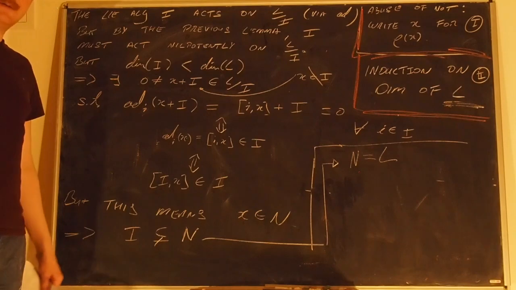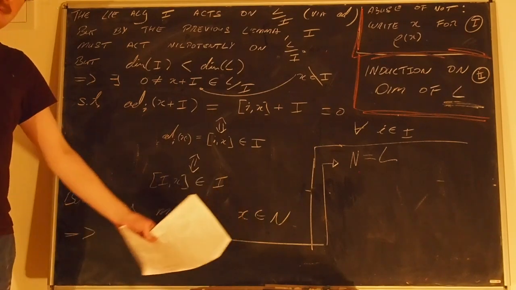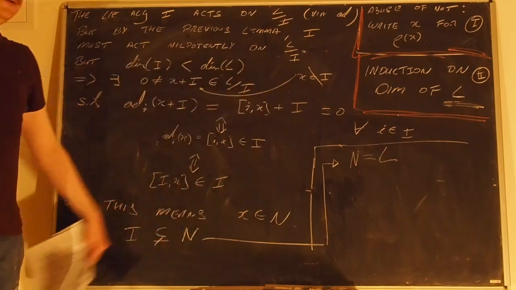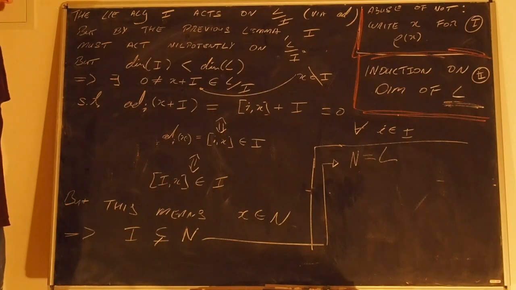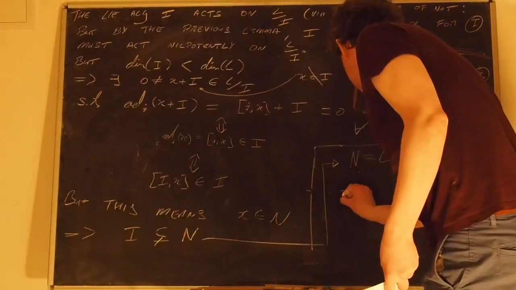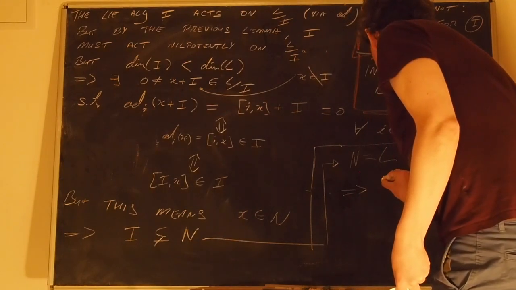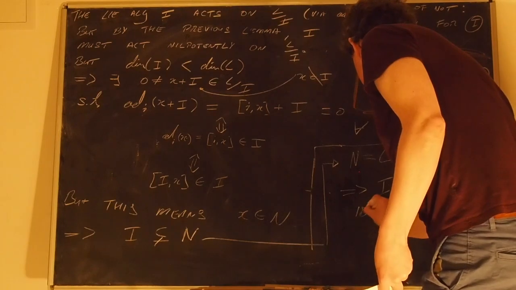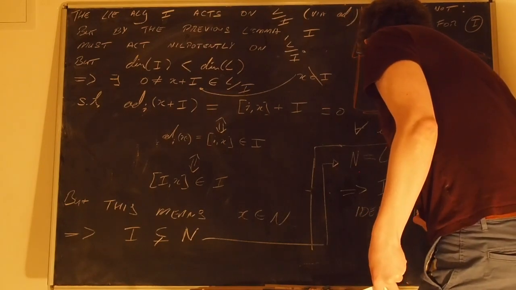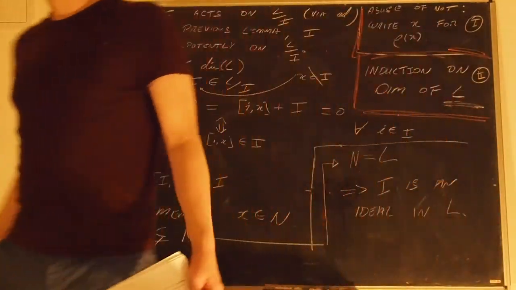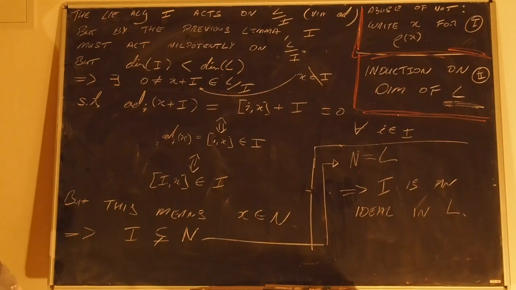That means that N is equal to everything, because of this magic element x that we found, which is not contained in I. And what does that mean? Well, that means that I is an ideal in L. Okay. So we found an ideal inside it.